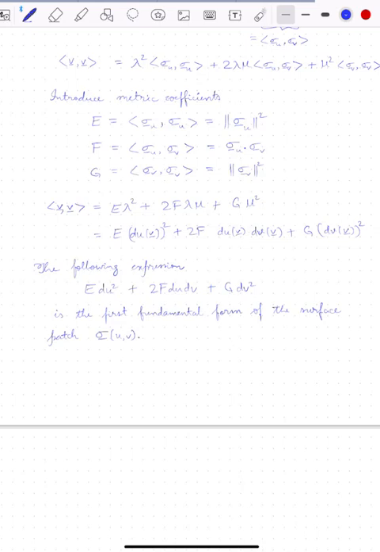And what we clearly see is that E, F, G, these are the coefficients, and the linear maps which are du, dv, all depend on the choice of surface patch.